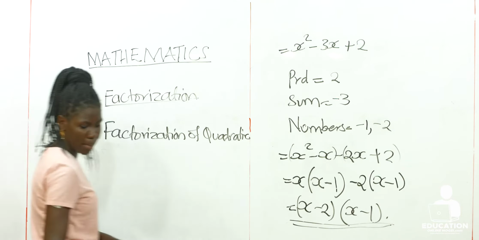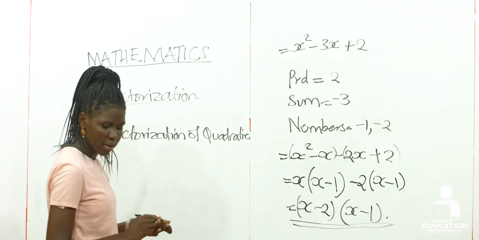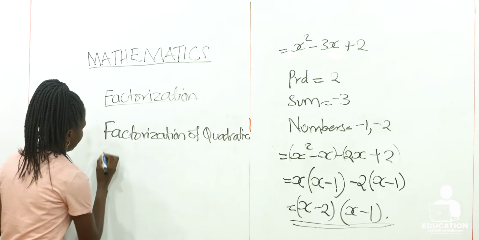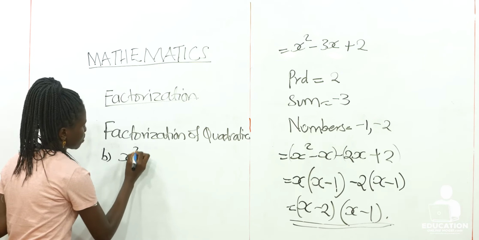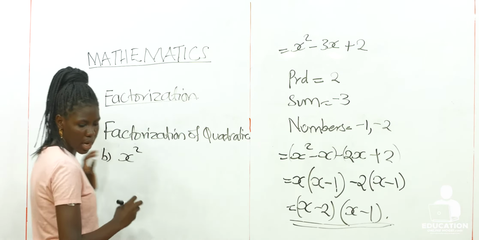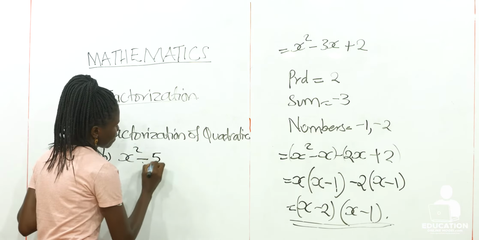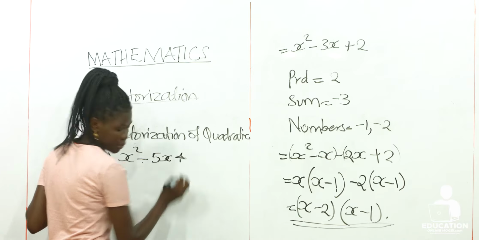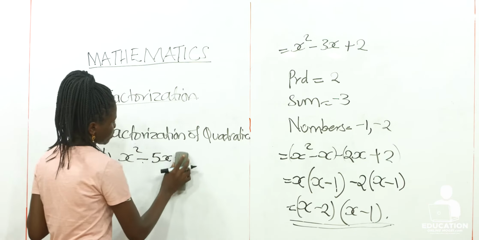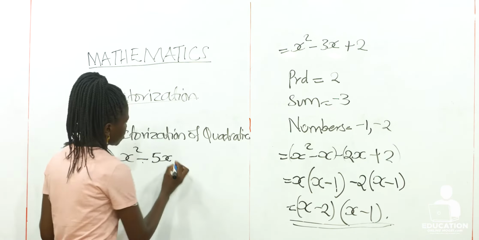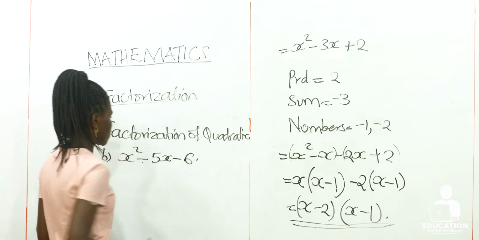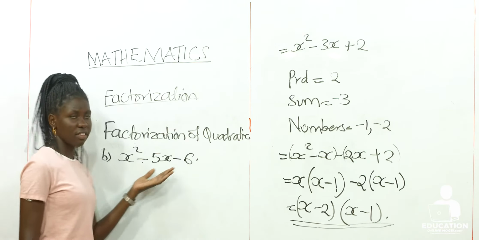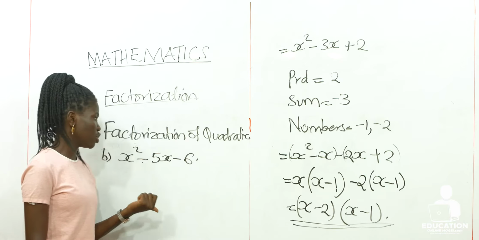Let's do the second number, which is part B. It says x squared minus 5x minus 6. If we have this, it's the same procedure we're going to continue with.